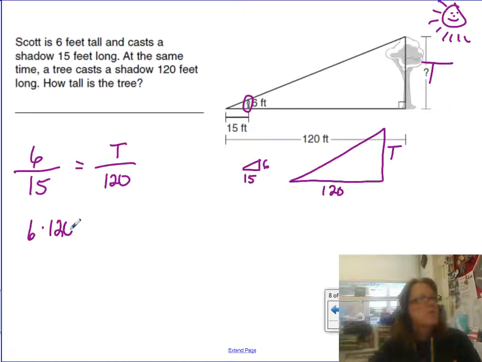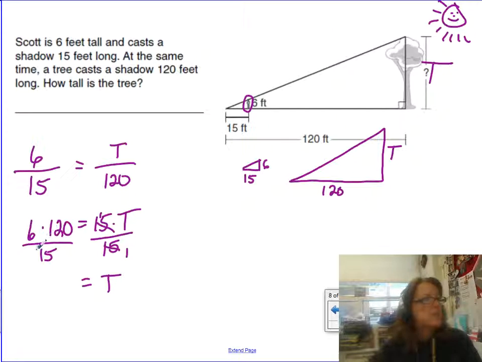6 times 120 equals 15 times T. Here's my variable. To get it alone, I would divide both sides by 15. And now we go to town. Here we go. T equals. All right, now again, in the olden days, I didn't have a calculator handheld like this.